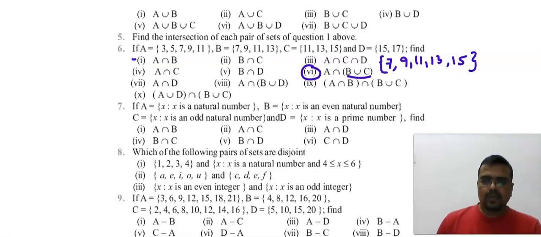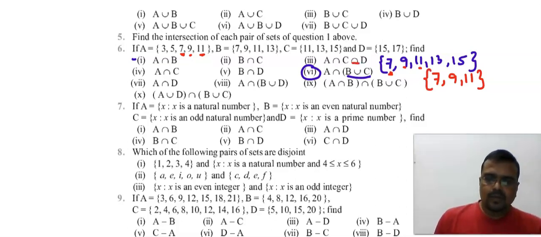So this set common with A is, you can see here 7 is common, 9 is common. These three elements are common between them. So answer for sixth part would be 7, 9, 11. So you always go one by one. First we found B union C and then we found the intersection with A, right?